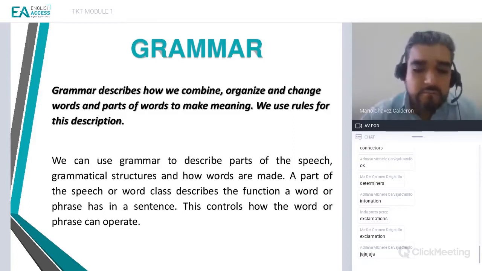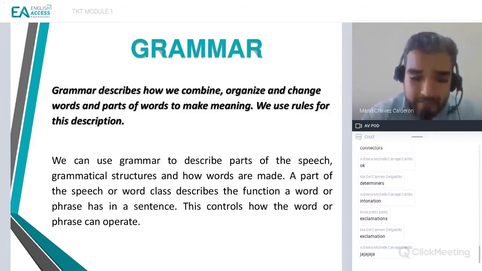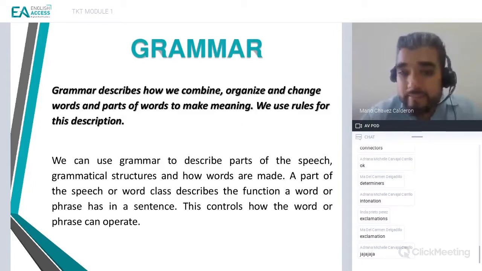Now, these are the words that we use to make specific the word or the noun that we're talking about.